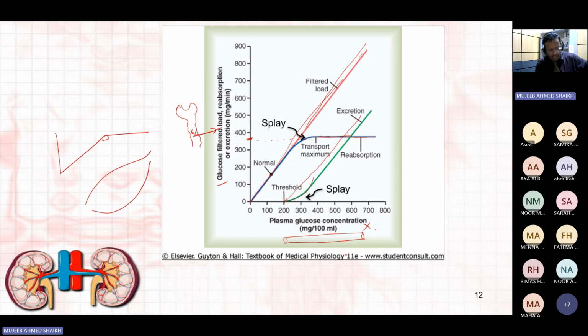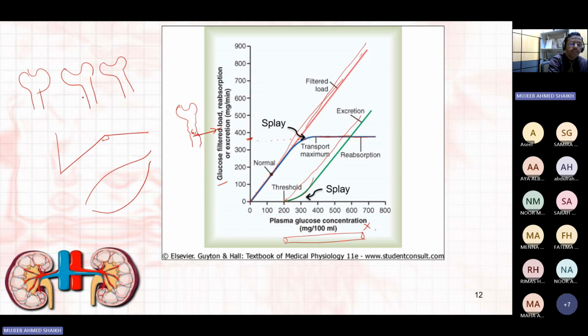Why is it happening? Why does it not appear exactly at 375, or why does it not start to appear exactly at 200? Because not all nephrons have the same tubular maximum. Let us say 3 different nephrons are here in the kidney.